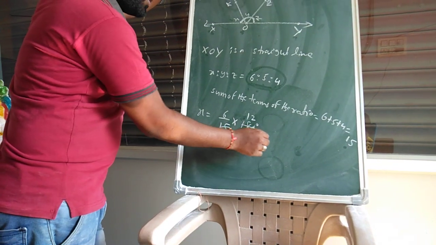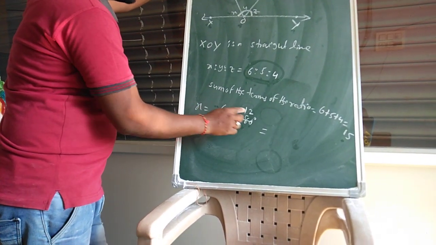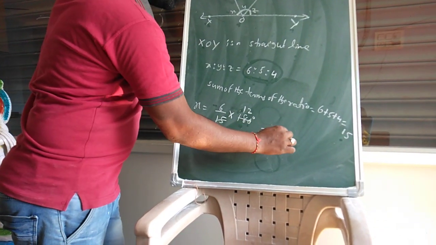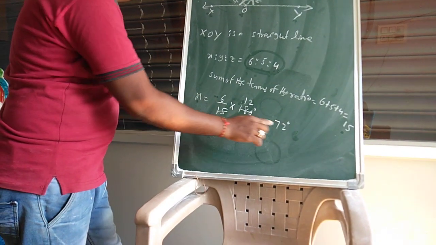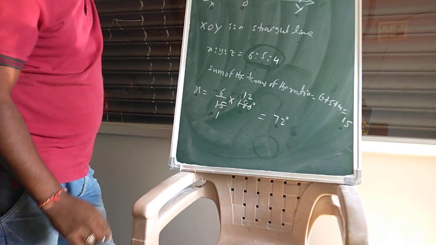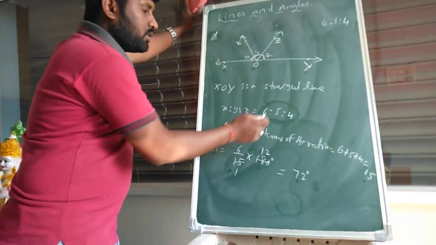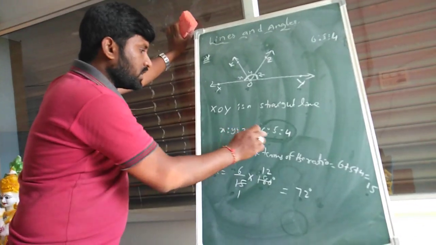So 6 into 12, 12 6s are 72. So x is equal to 72 degrees.